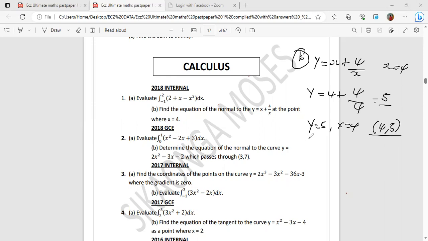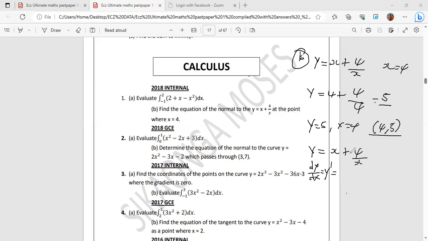After that, you're going to get the gradient function. So your function is y equals x plus 4 over x, and you're going to differentiate it. For you to differentiate that, you say dy/dx, others might say y prime.